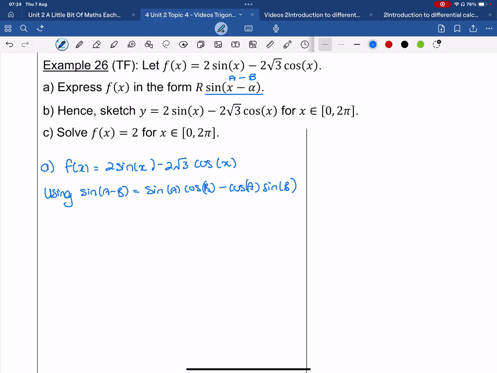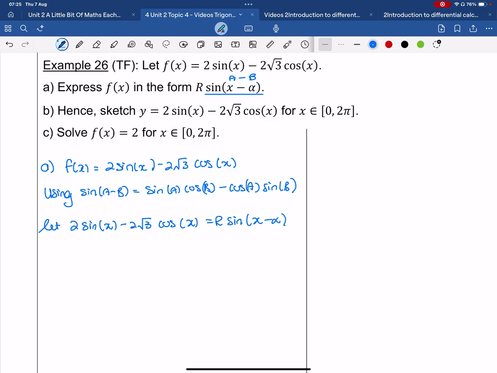I need to let this thing that I've been given equal what I'm looking for. So let's do that. Let 2 sine of x minus 2 root 3 cos x equal r sine of x minus alpha.